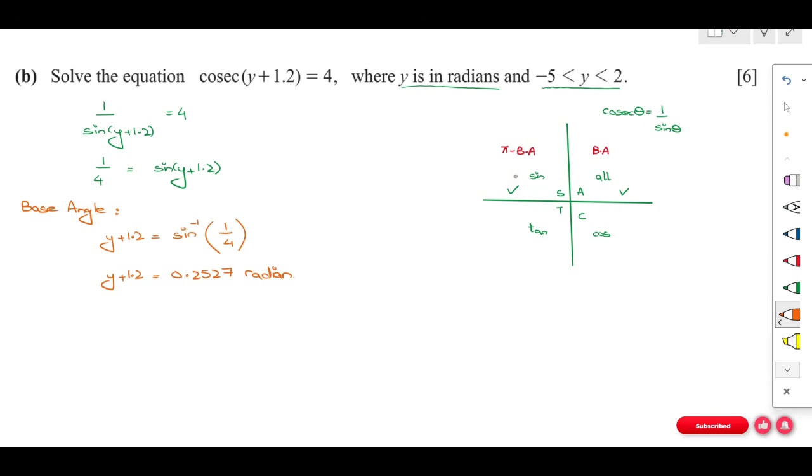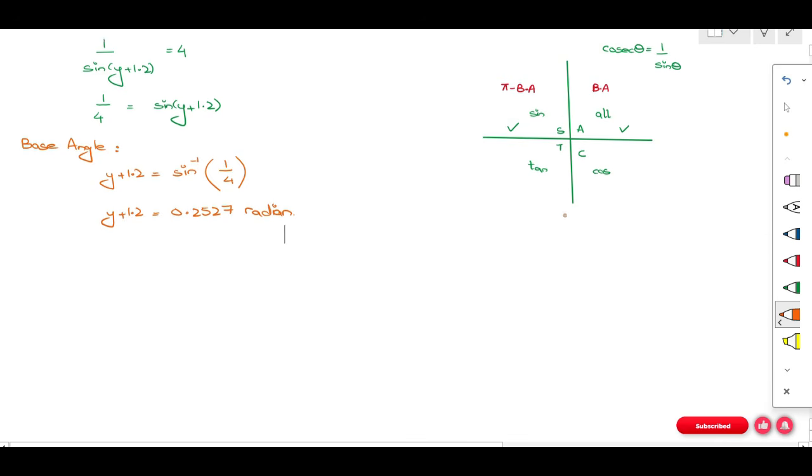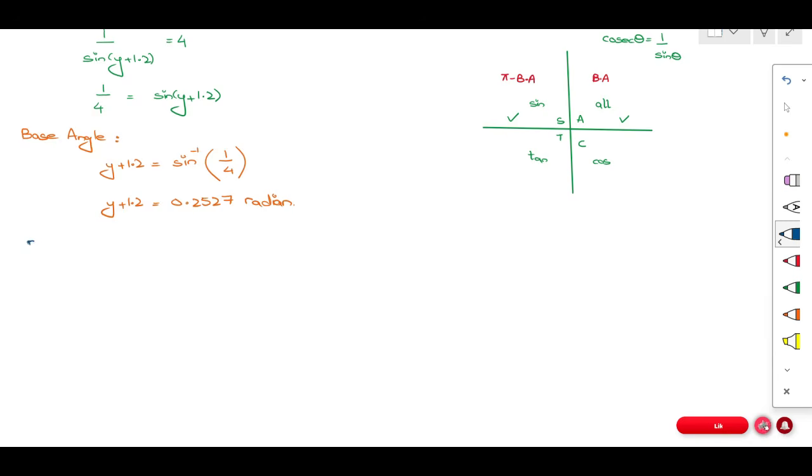Now sine is positive in the first and second quadrant. Okay, now for the first quadrant we have to use the base angle.